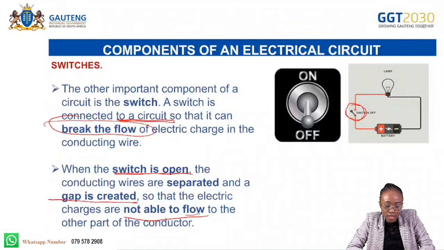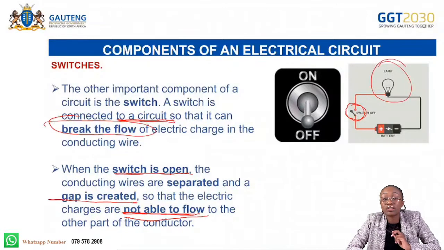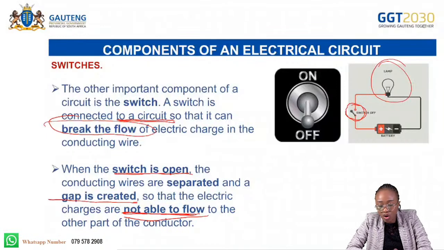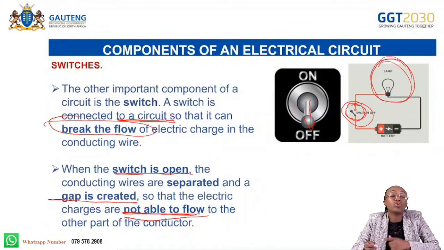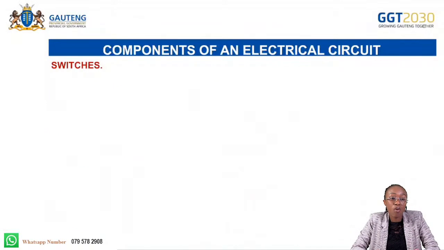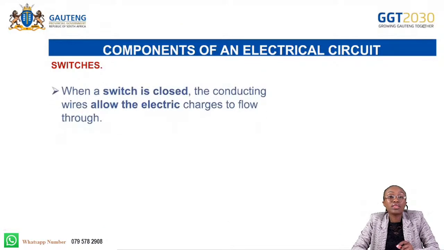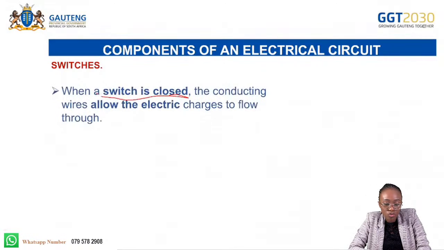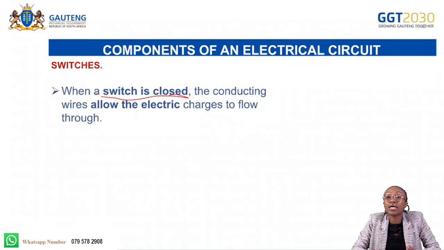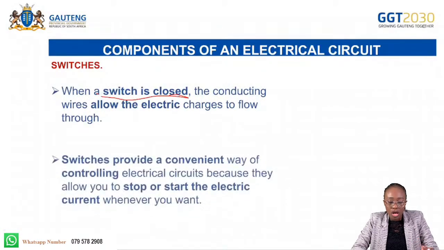So no current is flowing. If no charges are flowing, then our lamp is off. Our switch is open, then there is a gap, and then no charges are able to flow. Then our lamp is off.